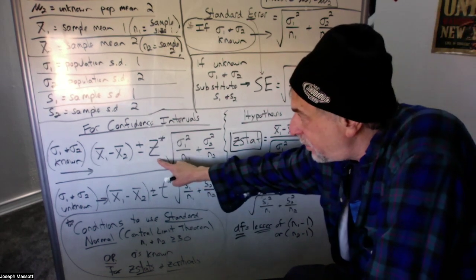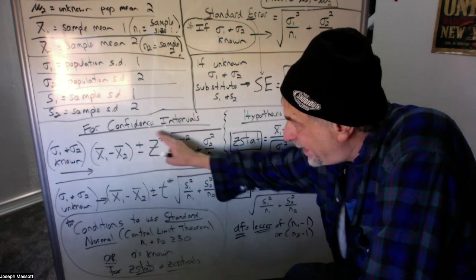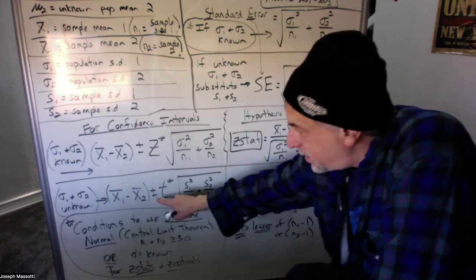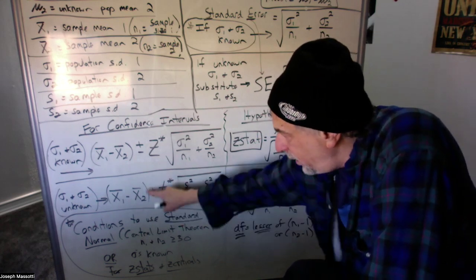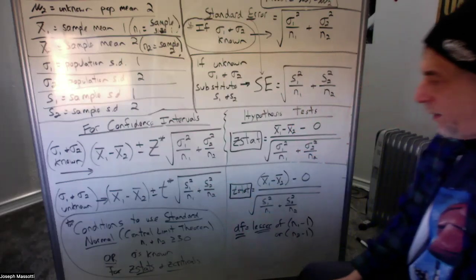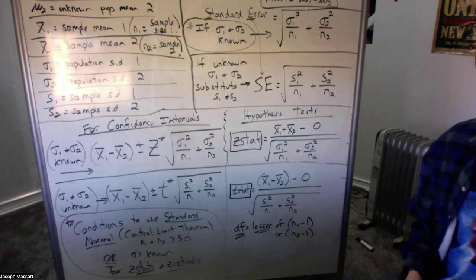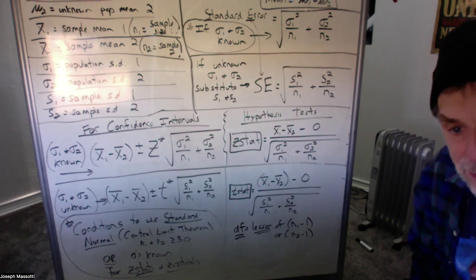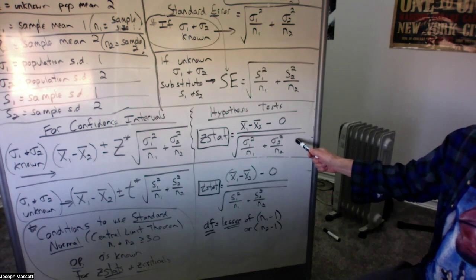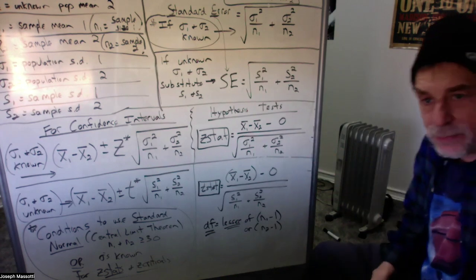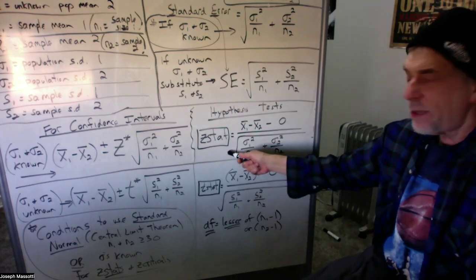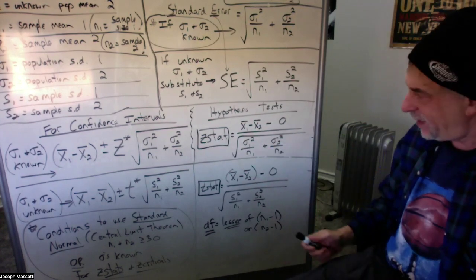All right, so confidence intervals: sigma 1 and sigma 2 known, z critical values, standard error here. Sigma 1 and sigma 2 unknown, this is the form. We use t critical values and we substitute the sample standard deviations. For hypothesis tests, this comes into play when we're forming our test statistic in step 2 of our hypothesis test, where we're gathering the data and coming up with our test statistic, the evidence phase.